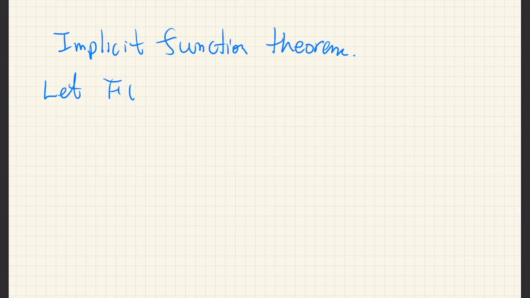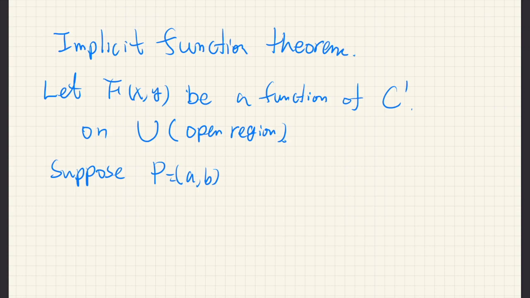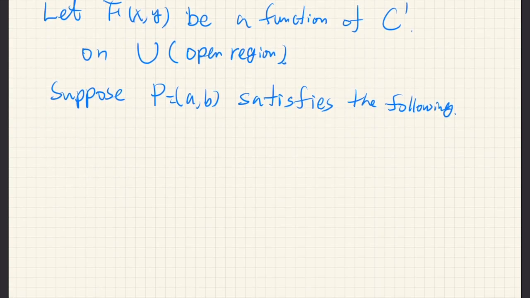Let f of x, y be a function of C1 class and defined on an open region U. And suppose a point P, (a, b), satisfies the following condition. That is 1. f of (a, b) is equal to 0.